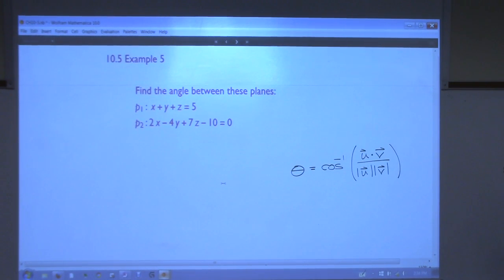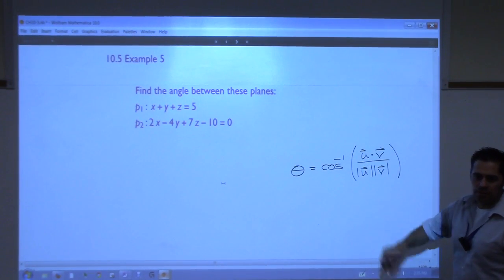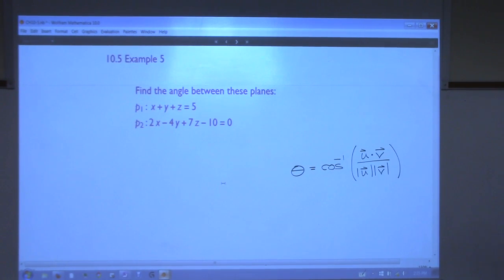Does everyone have it written down? Give you another 10 seconds to write that down. Because I'm going to flip back in the notes to a page that might help you in case you're stuck.